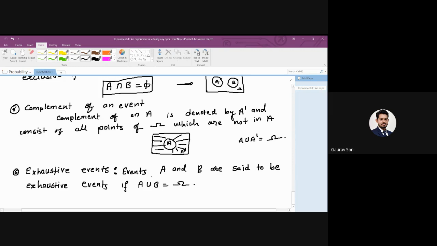The definition we have written for simply A and B, we can also generalize to A1, A2 up to AN, said to be exhaustive if A1 union A2 union and so on up to AN becomes sigma.